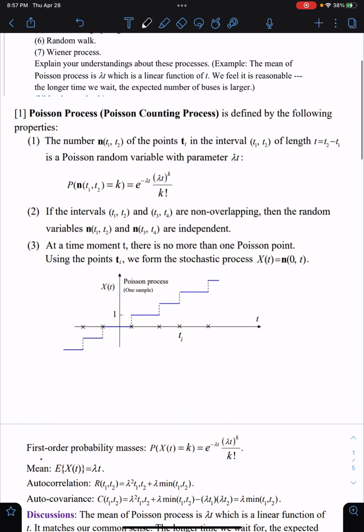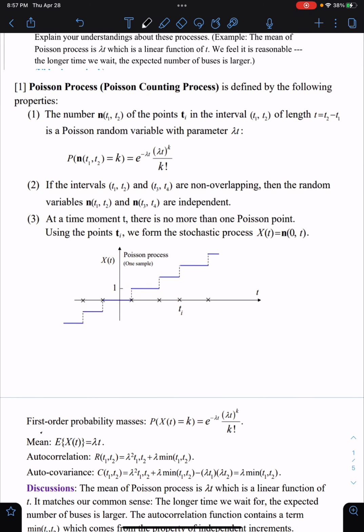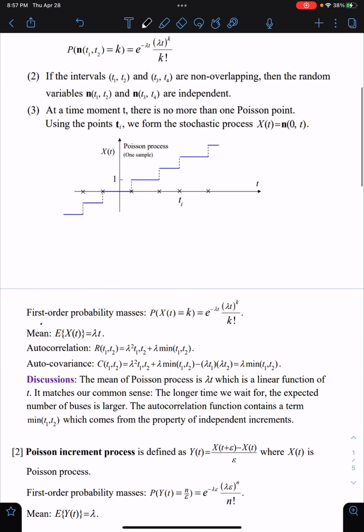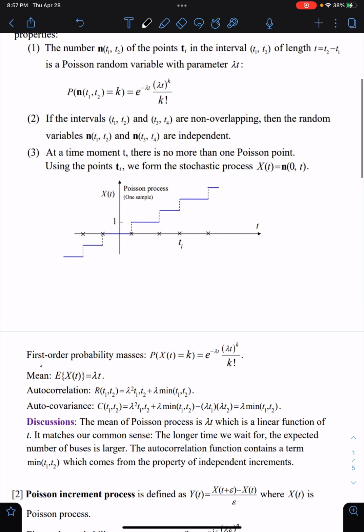And we can draw the stochastic process like this. This is one sample. We can have different ti. And then we write the first order probability mass function, which has the same form as the Poisson random variable.